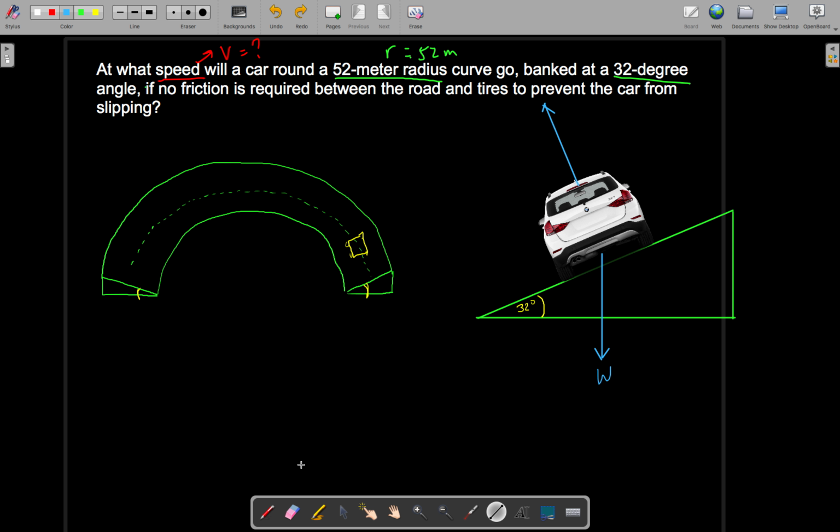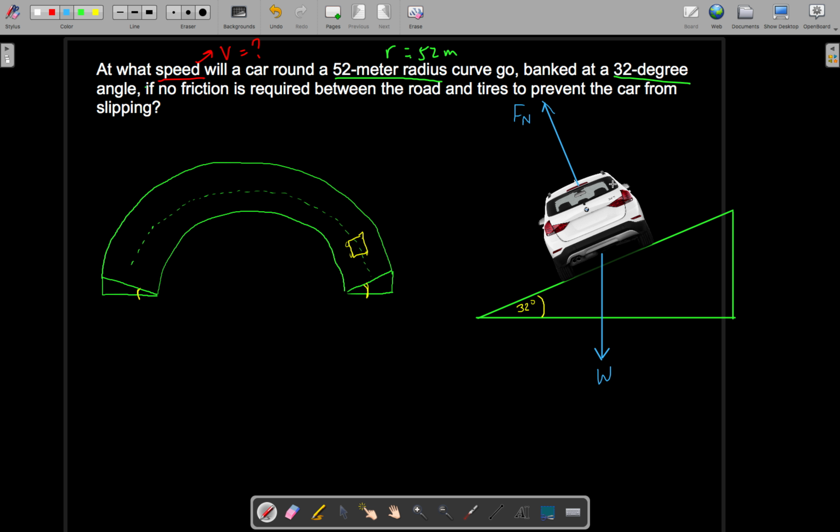Okay, so this is my normal force. Actually, let me write it down. Let me write it like this. So this is my normal force.